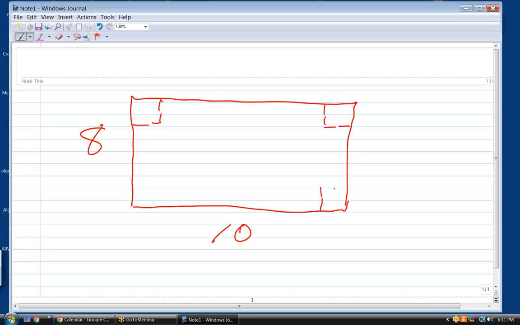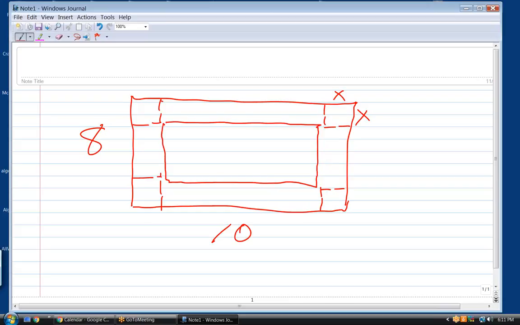Got it? I'm going to call this x, that dimension, same as that. In other words, I'm cutting out squares. And then I'm going to fold up this side along that dotted line, and I'm going to have a dotted line here, here, and here. So I'm going to end up with a box whose base is basically that amount right there. You see how that's going to work?